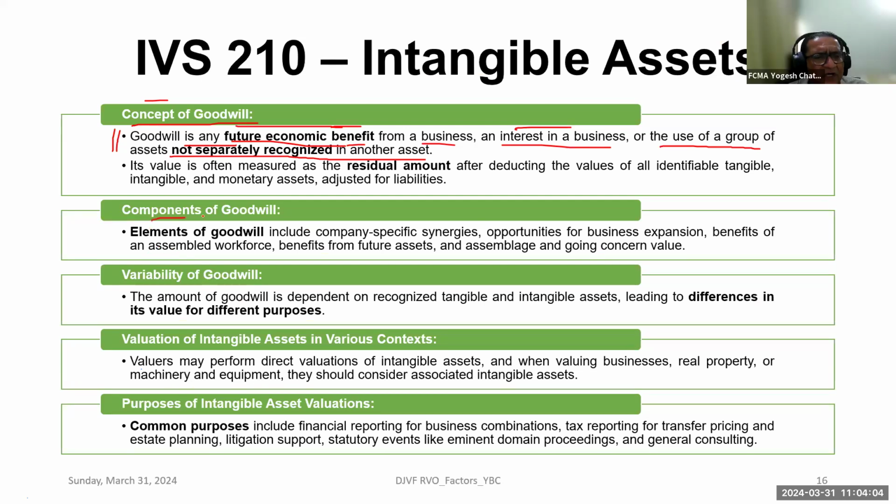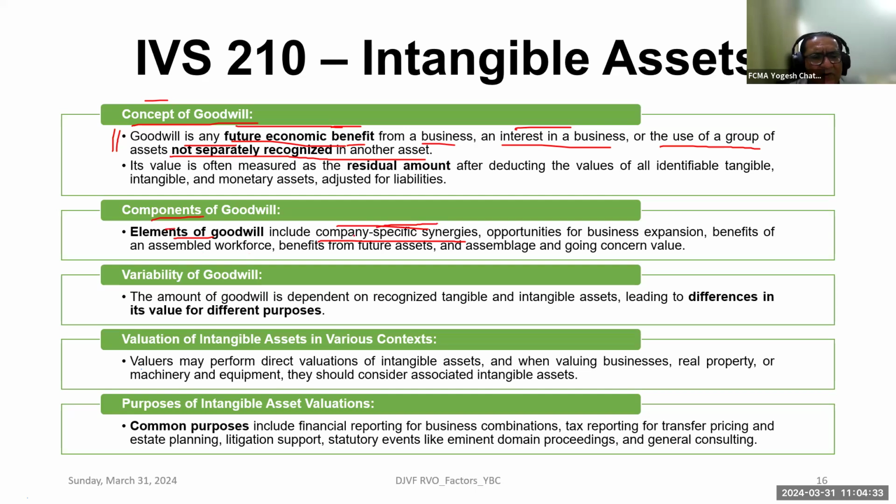An element of goodwill will include company specific synergy. If we take the example, recently the amalgamation or merger between HDFC and HDFC Bank has concluded. The combined entity of HDFC and HDFC Bank has synergistic value, and that will be part of goodwill.